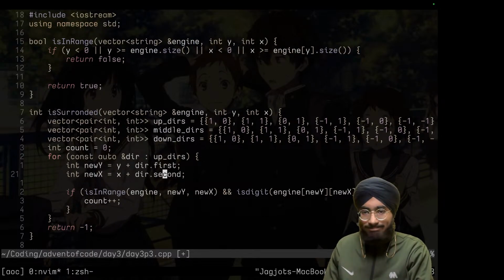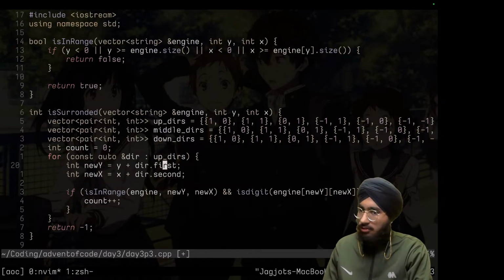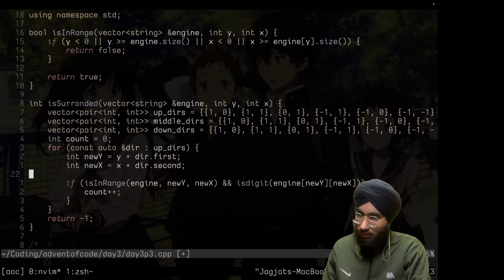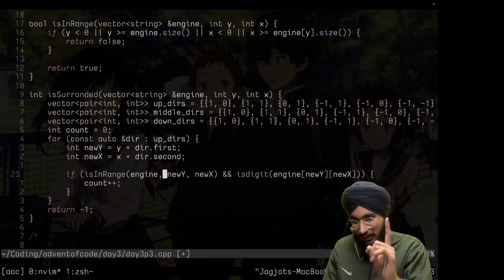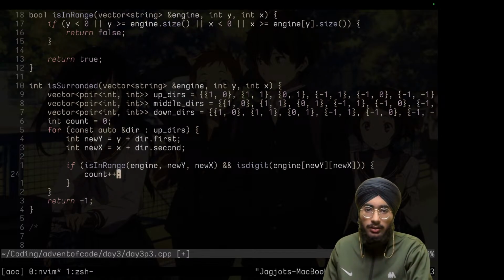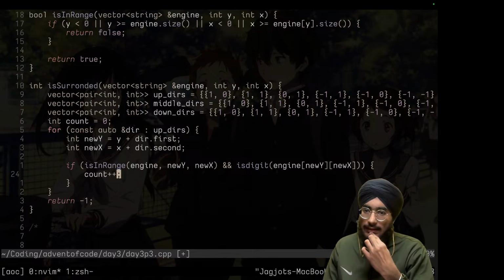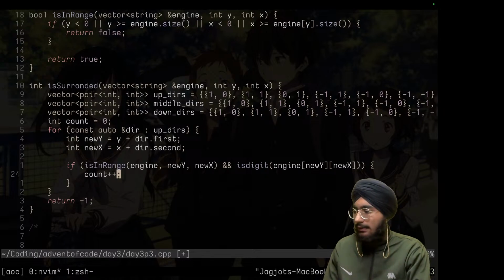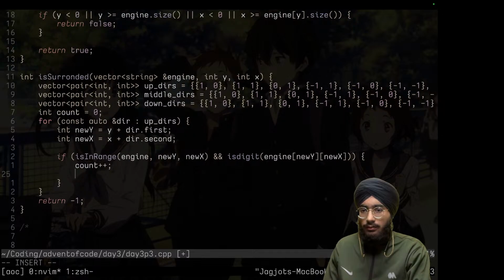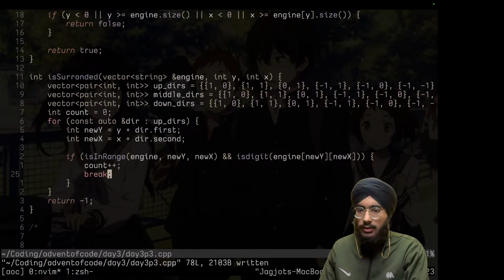For constructor directions in up directions, int x and y is this, okay. If it is in range and it is a digit, count plus plus. We are gonna break this loop.